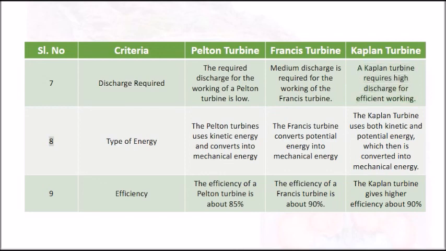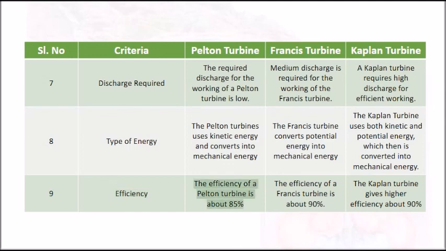8, Type of energy. The Pelton turbine uses kinetic energy and converts it into mechanical energy. The Francis turbine converts potential energy into mechanical energy. The Kaplan turbine uses both kinetic and potential energy, which then is converted into mechanical energy. 9, Efficiency.